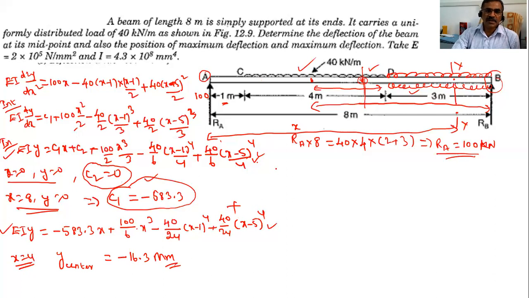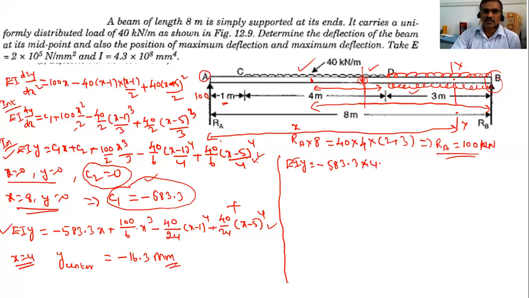Then the equation will be EI into y is equal to minus 583.3 into x. What is the x value?